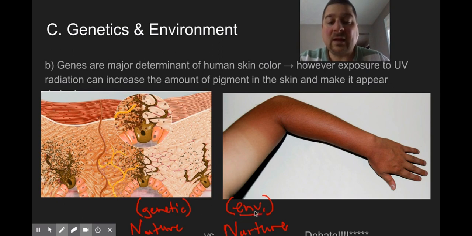So it's the old question of how much of certain traits are genetically controlled and how much are environmentally controlled. And most scientists agree there's a balance of both, but sometimes there's an argument of it's more genetic or it's more nurture. And so this is a debate that you hear a lot about when we talk about genetics and environment.